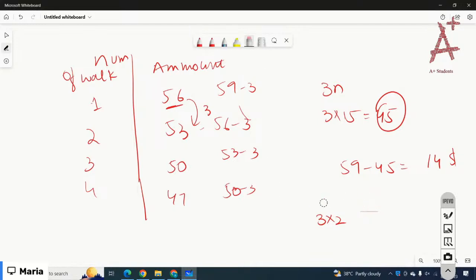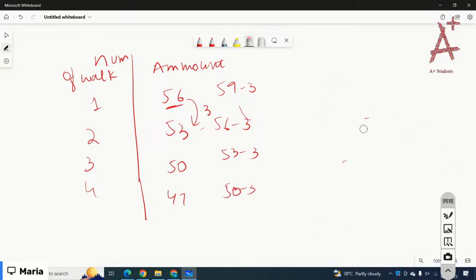It would be 53 minus, n. N is the number of walks, plus 56 minus 3n, right? 59 minus 3n it would be.